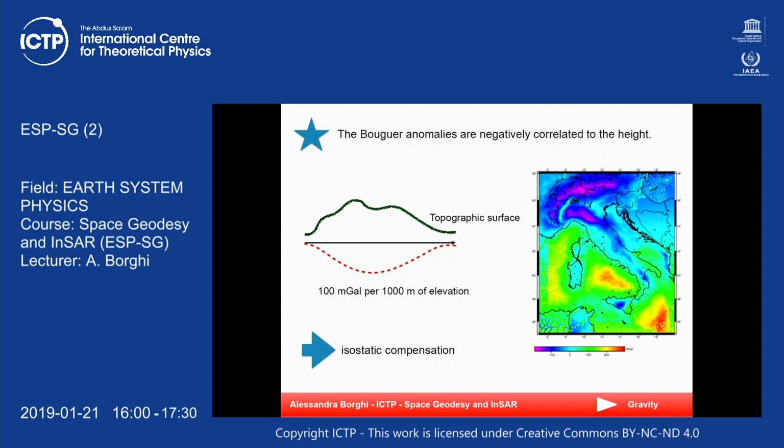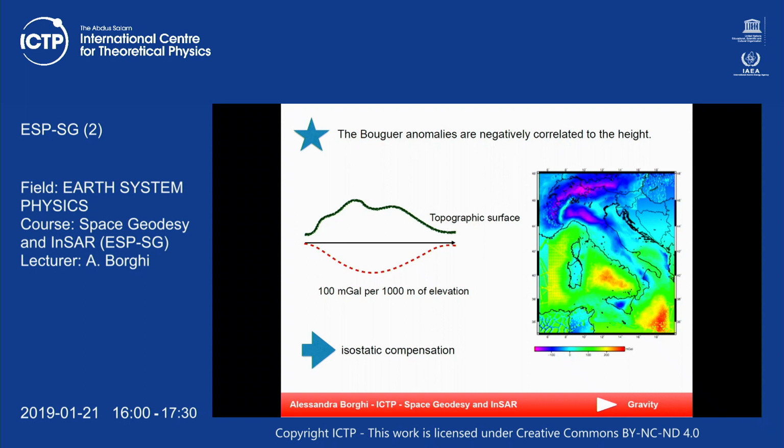We are here in Trieste, and these are the Alps, the highest mountains in Italy. You can see that in this part we have strong negative values of the Bouquet anomalies. Also here we have the Apennines, and we can see all the Apennines more or less.